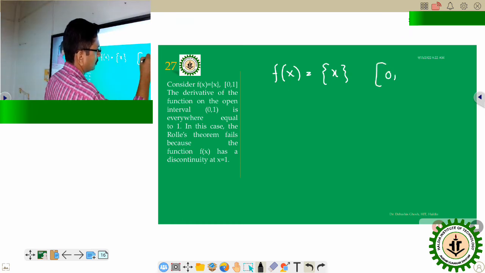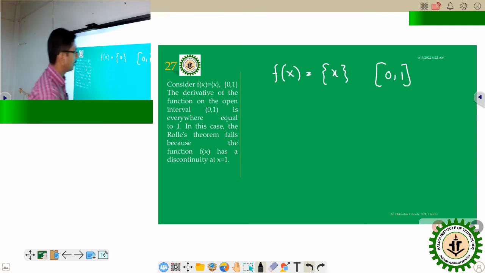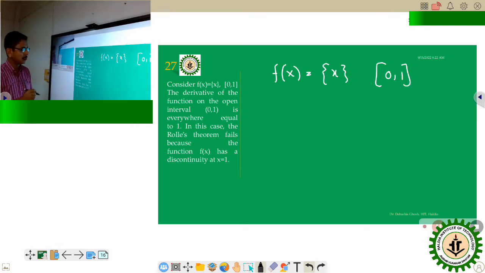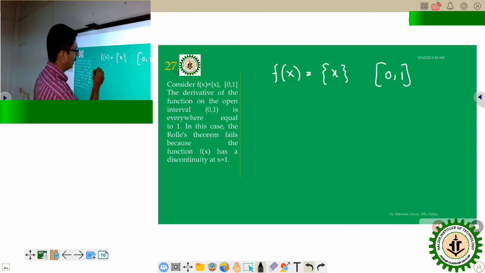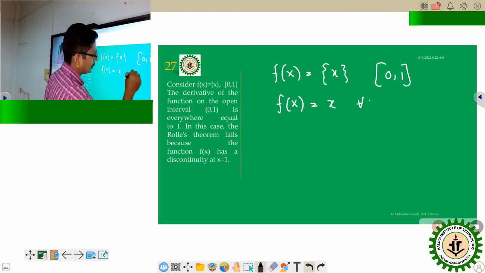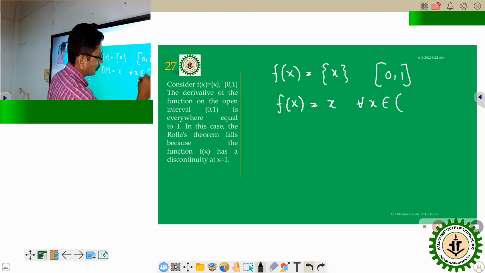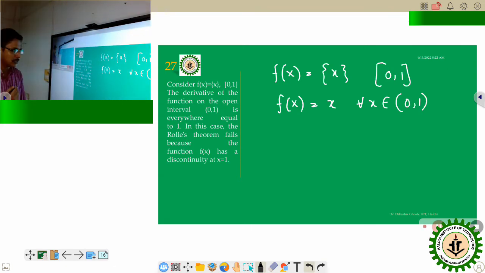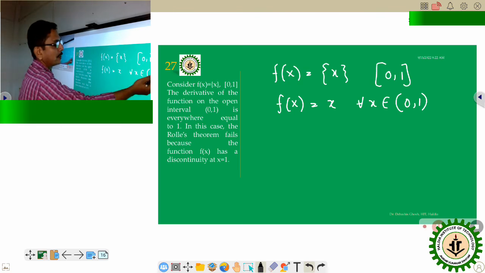The derivative of this function in the open interval 0 and 1 is every time 1, because we know that f of x equals x for all x belonging to the open interval 0 and 1. There is no change, because the numbers lying between 0 and 1 are fractions, and so the derivative comes to 1.